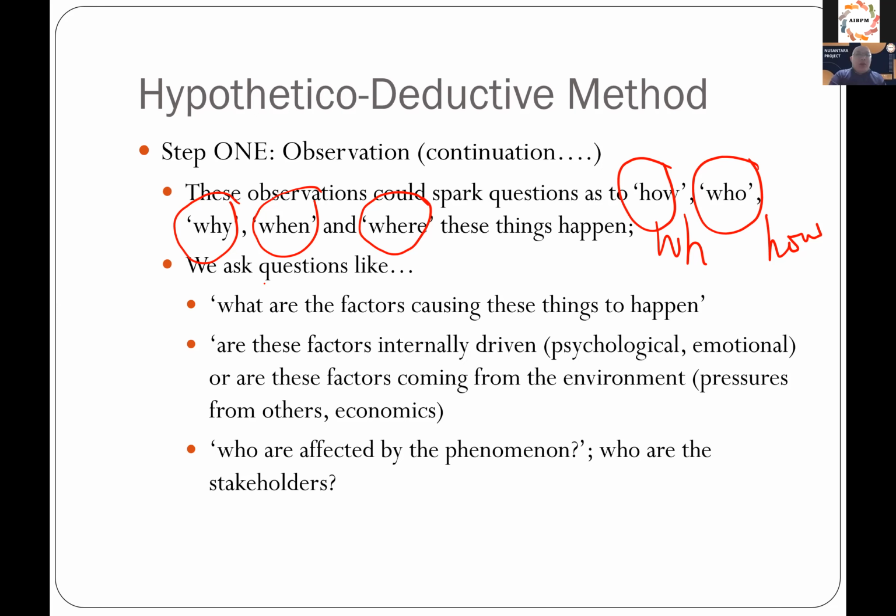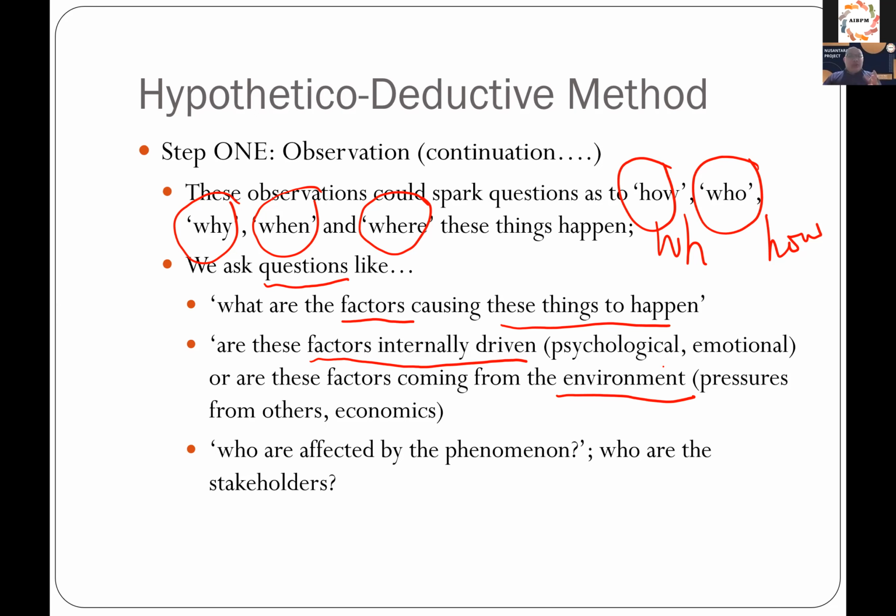So what we ask is what are the factors? The environment, economics, government policy, or maybe family influence.